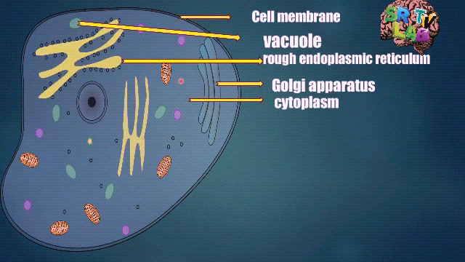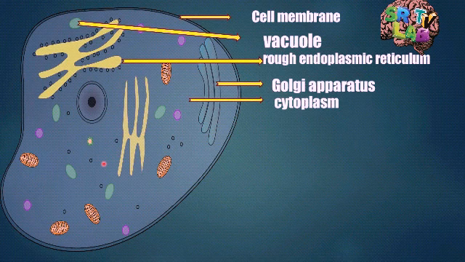We go to another part called the cytoplasm. Cytoplasm is a gel-like substance that fills the interior space of the cell. All these organelles are floating in the cytoplasm. It is mainly composed of water, but also contains salts, enzymes, and other organic molecules.